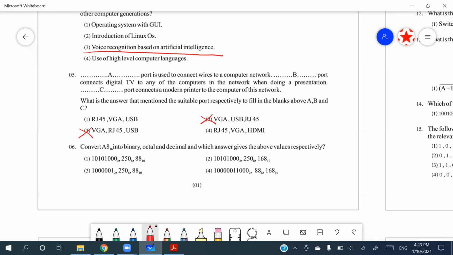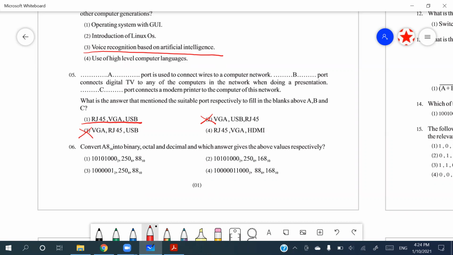So it's going to be the very first answer, because the fourth one contains RJ45, VGA, and HDMI. We can still use the VGA to connect the TV, but HDMI we cannot use to connect a printer, right? HDMI is a port that has the ability to communicate both audio and video, right?